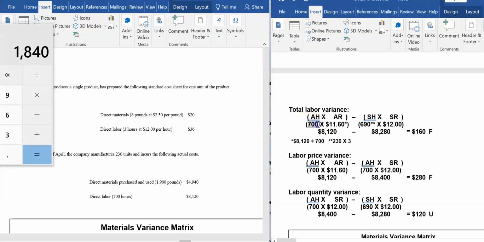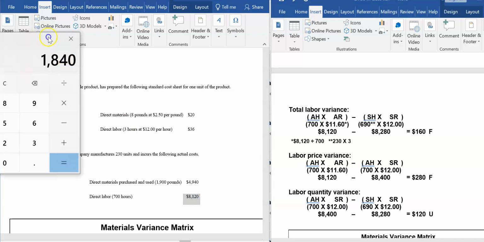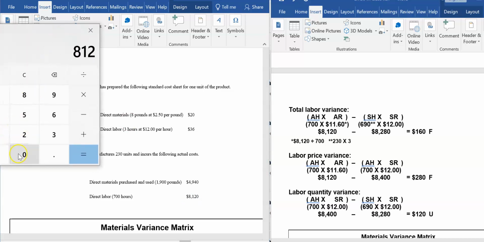Total actual hours used, 700 hours, at the actual rate of, which they didn't give us. Here is our total actual cost. And if we divide by our total actual hours, we're able to calculate our actual rate of $11.60.